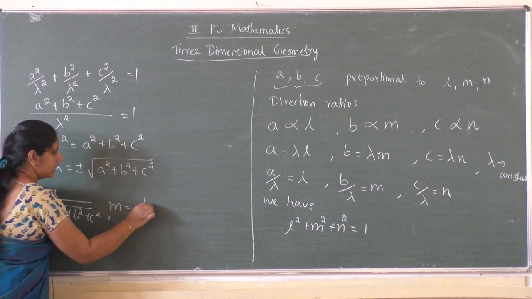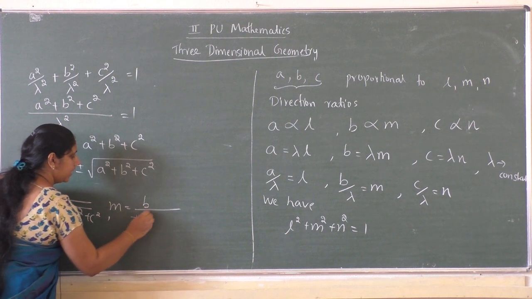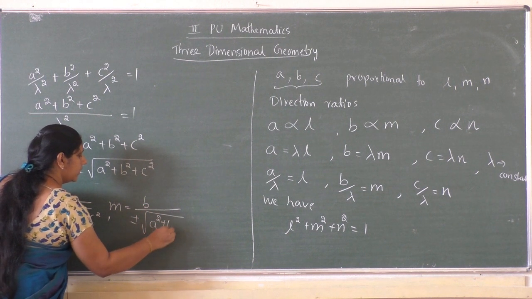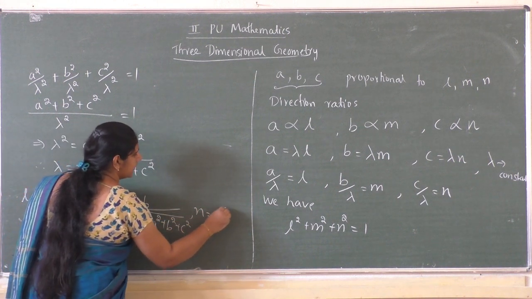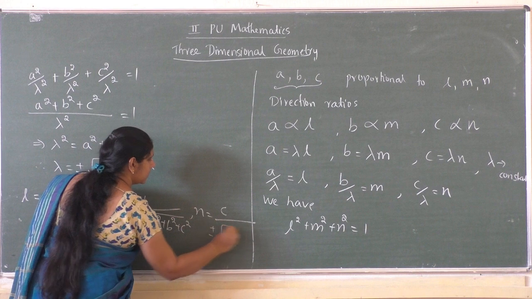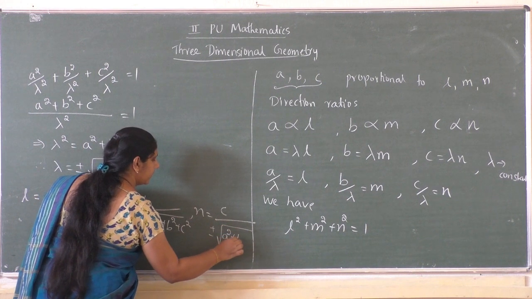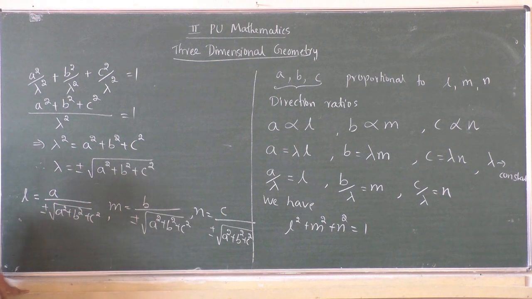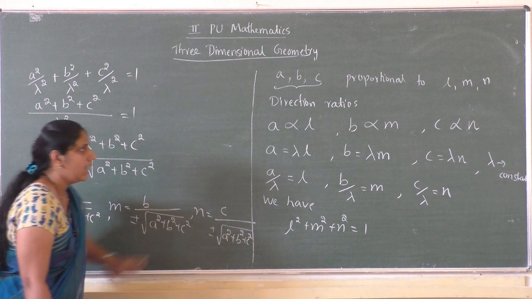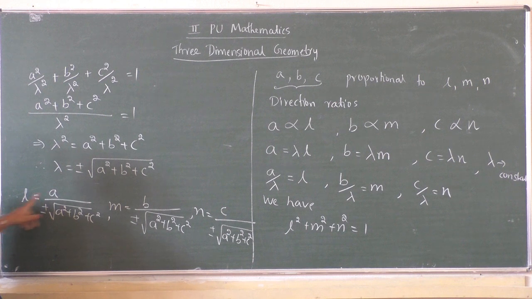Similarly M is B by plus or minus root of A square plus B square plus C square, and N is C by plus or minus root of A square plus B square plus C square, where A, B, C are the direction ratios, whereas L, M, N are direction cosines.